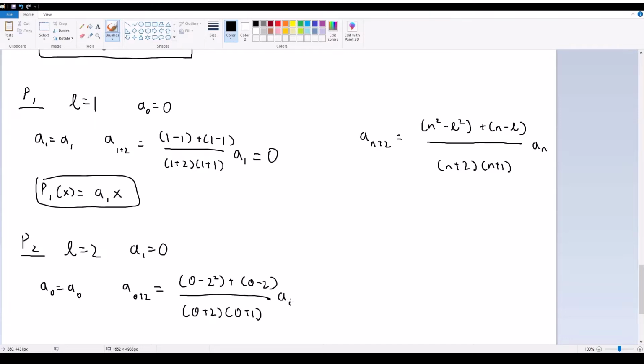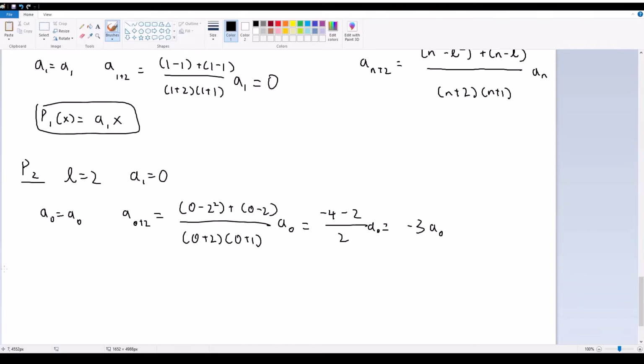And then multiplied by A0. This is therefore equal to negative 4 minus 2 divided by 2, or negative 3. And then also A0 at the end. So the P2 polynomial is equal to A0 plus A2x squared. And if we plug in A2's term in terms of A0, we get A0 minus 3 A0x squared, just like that.